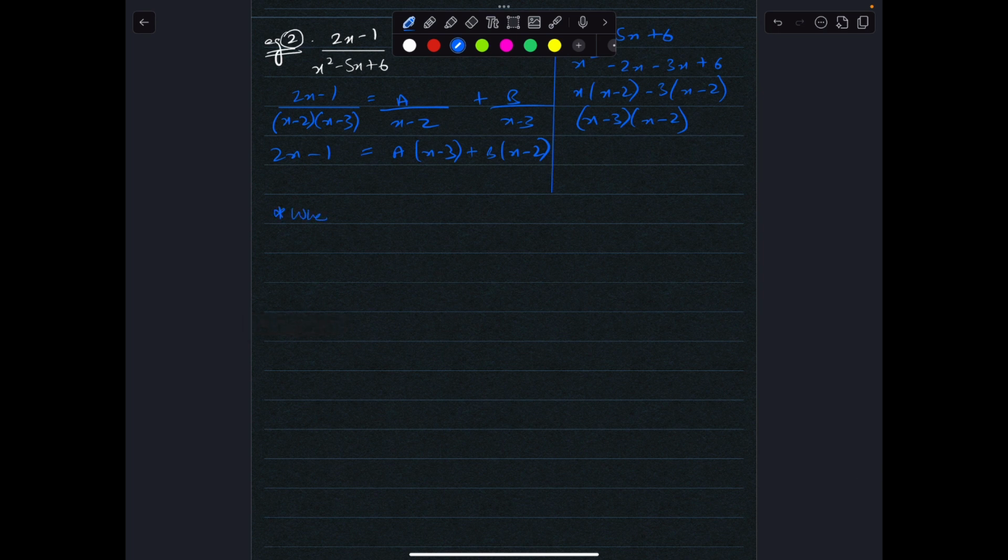So when x is equal to 3, I have 0a plus 3 minus 2 b. And on the left hand side, I have 2 into 3 minus 1. So 5 is equal to b.